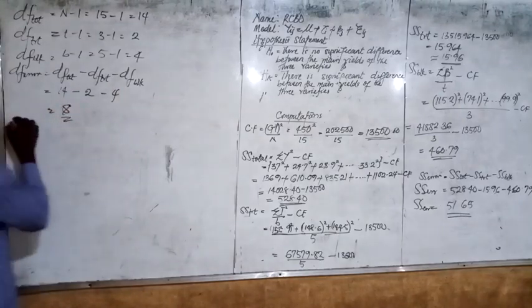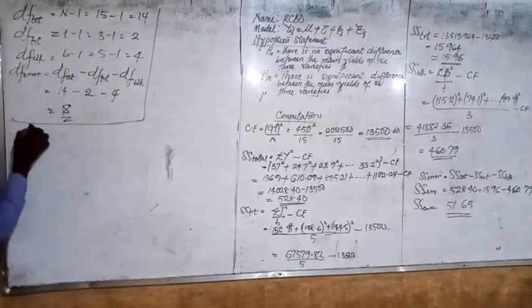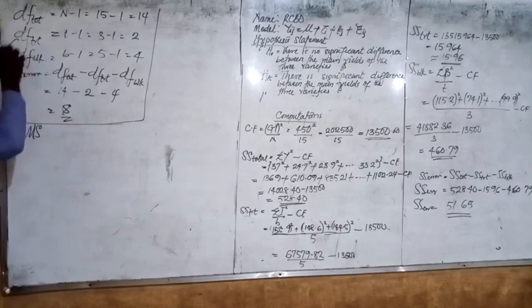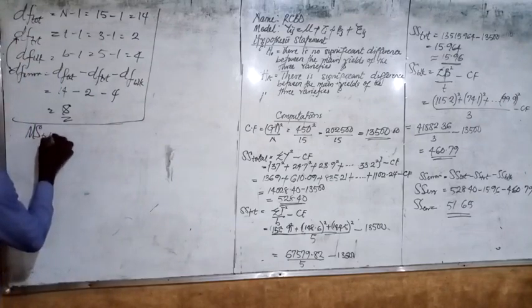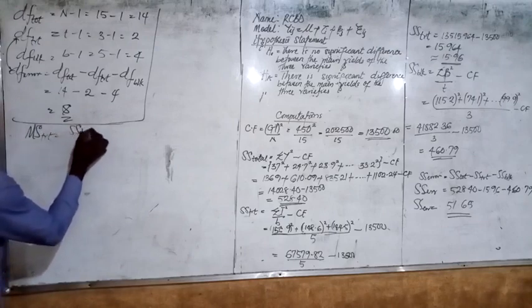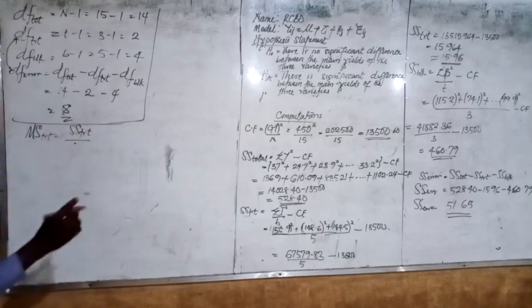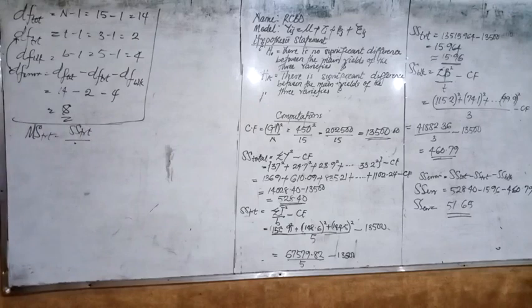So the next thing we are going to calculate is the MS. In this case, we need only the MS treatment and the MS error, because we are comparing only both. So the MS treatment is going to be SS treatment over DF treatment. If you don't understand why we are using only treatment and not block, please go back to the beginning of the video. I explained that.